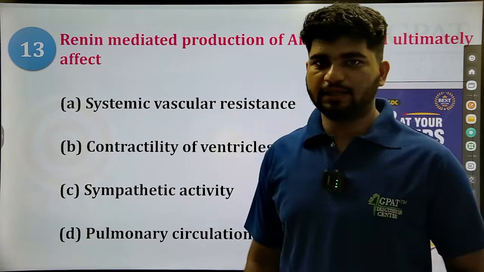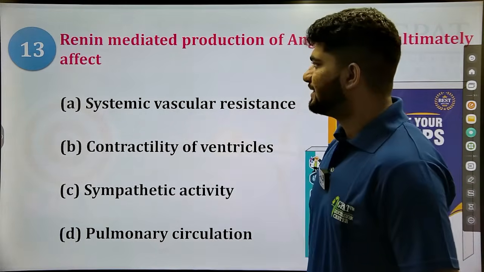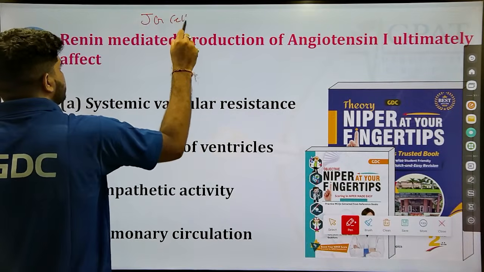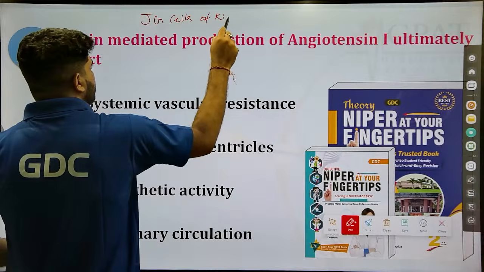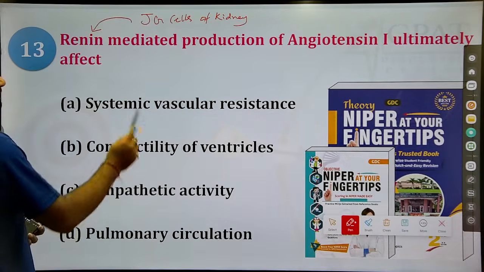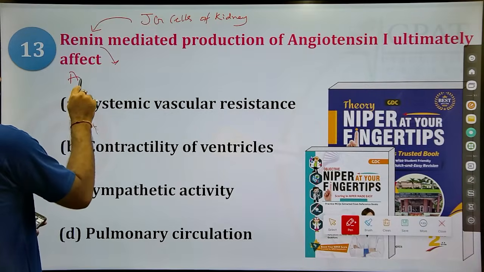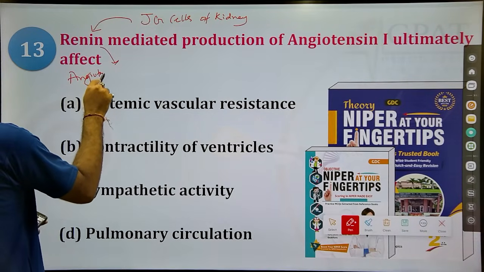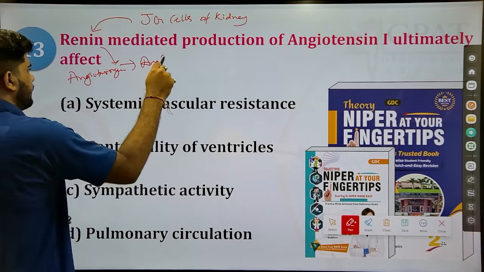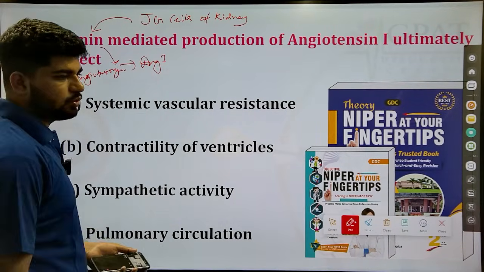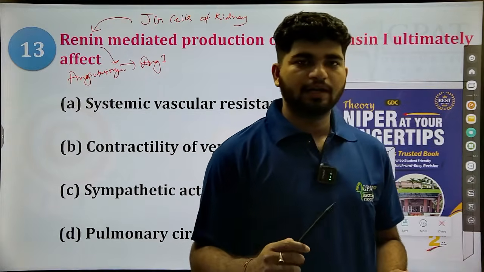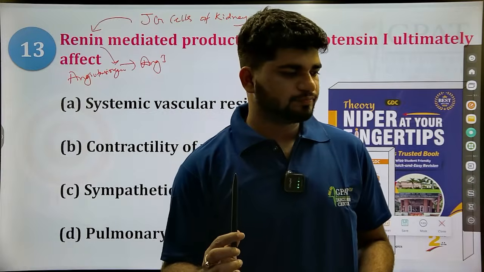Your juxtaglomerular cells sense that, from the JG cells of the kidney, this renin is going to be increased, and this renin is responsible for conversion of angiotensinogen to angiotensin 1, and further angiotensin 2 is formed through the ACE enzyme.